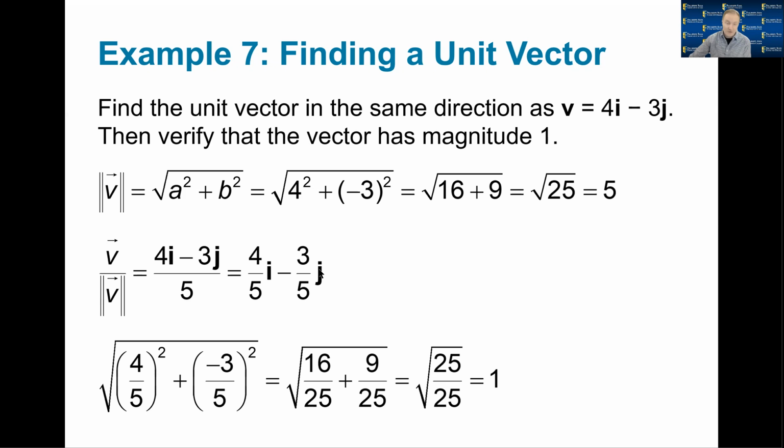So this vector has a magnitude of 1, and it's going in the exact same direction as the original vector. It's going to increase the x component 4 every time the y component moves down 3. Same thing here. It's going to increase the x 4 every time the y moves down 3. Doesn't matter that it's 4/5 and negative 3/5, only for the magnitude, not the direction.